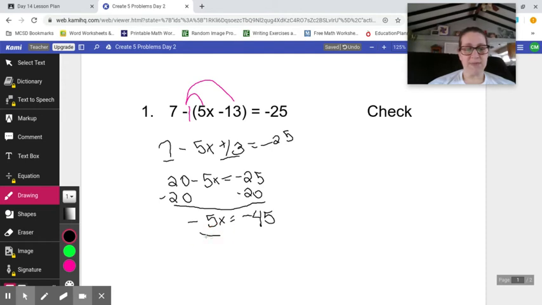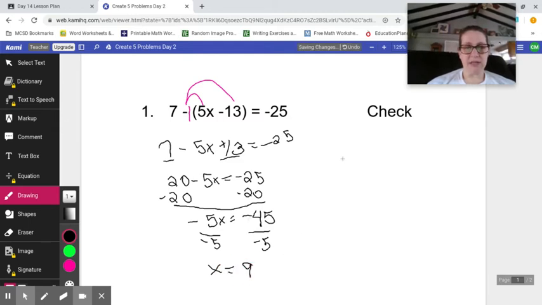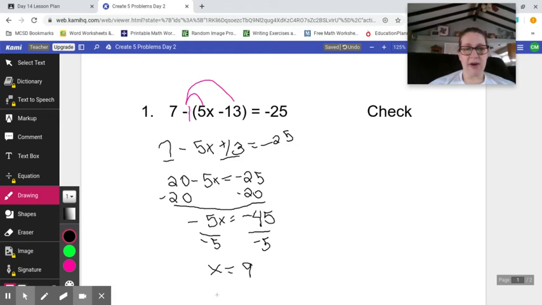Okay, divide both sides by negative 5. And that gives me x equals 9. Because we know that a negative divided by a negative is a positive. Okay, let's go ahead and everywhere I have an x, I'm going to substitute in the number 9. Okay, so 7 minus parentheses 5 times 9.